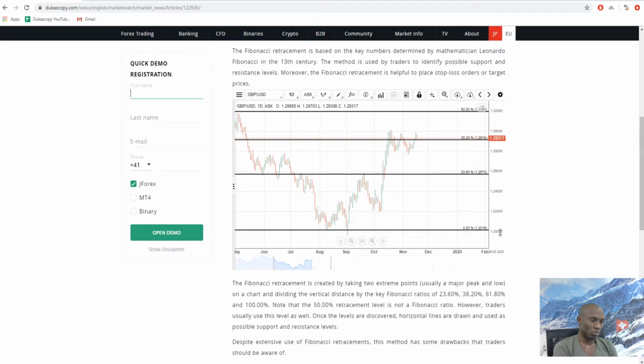That's Fibonacci retracement. I was so excited when I got to know about the Fibonacci retracement. I remember that was 2014 or 15, one of those years.